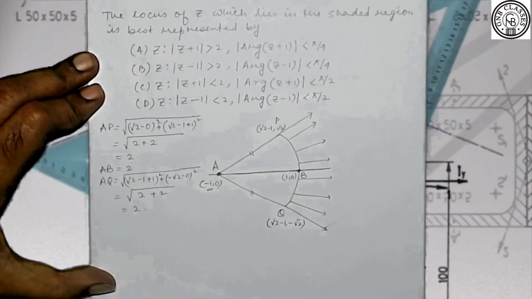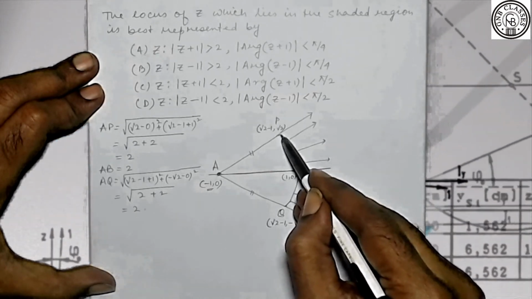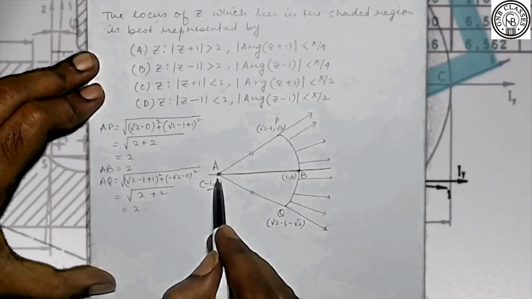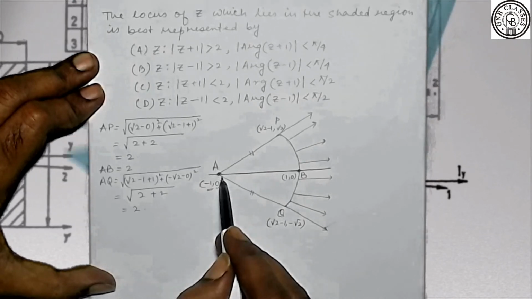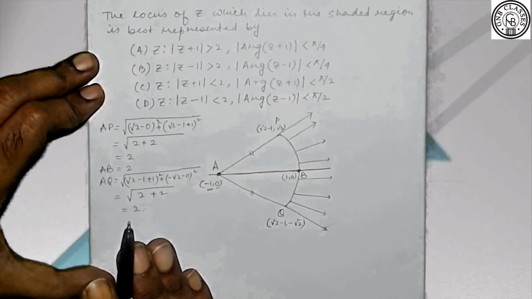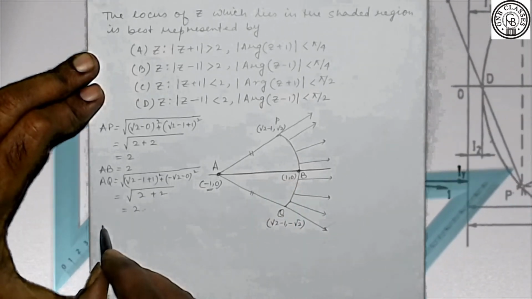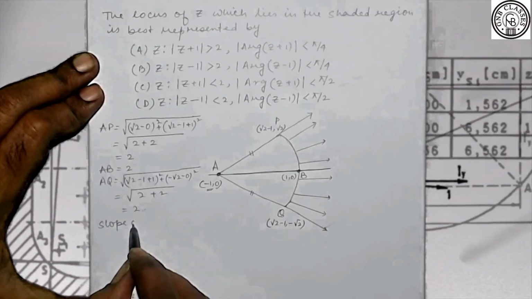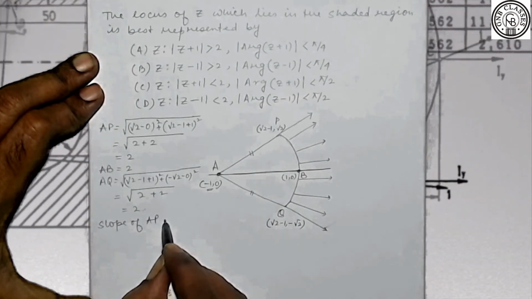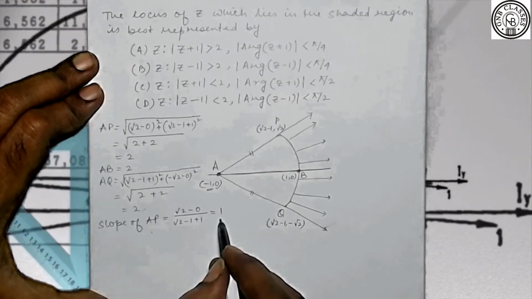So can we say that this is nothing but the arc of a circle whose center is at -1, 0 and radius is 2 units? Yes or no, tell me. Okay. Now what is the slope of the line AP? The slope of AP is 1.